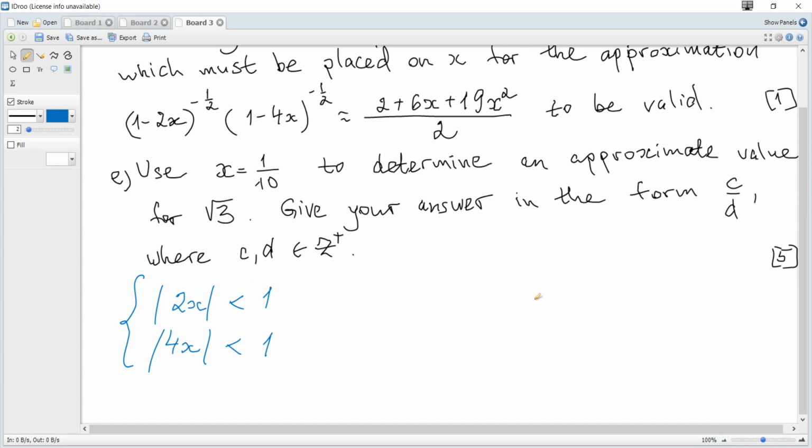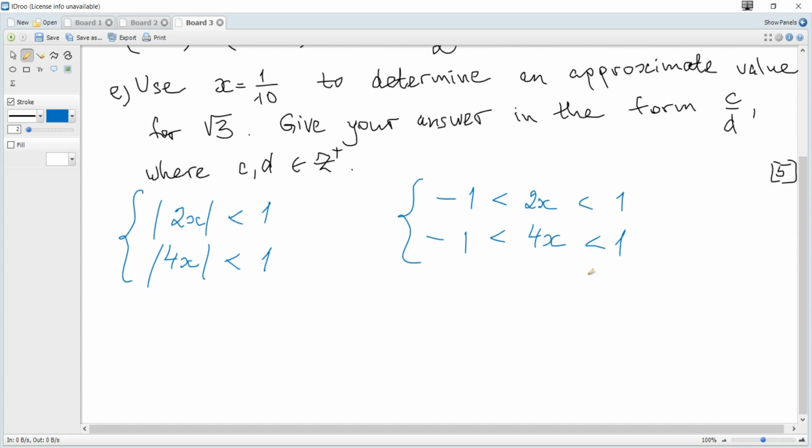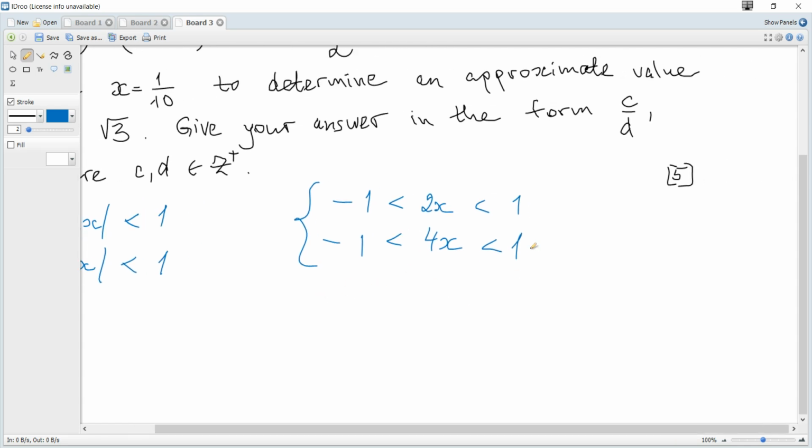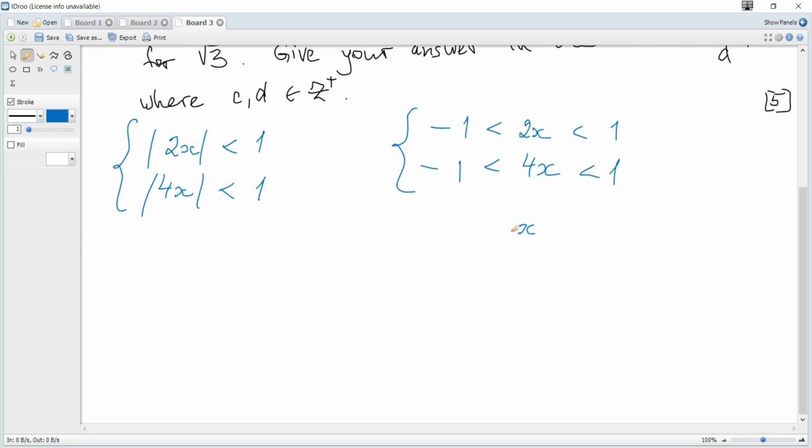So absolute value less than 1, what does it mean? 2x is greater than negative 1 and less than 1, and at the same time 4x is greater than negative 1 and less than 1. Dividing by 2 here and by 4 here, we get that x is greater than negative 1 over 2 and less than 1 over 2, and at the same time x must be greater than negative 1 over 4 and less than 1 over 4.